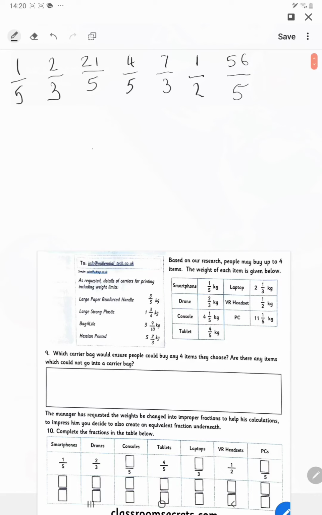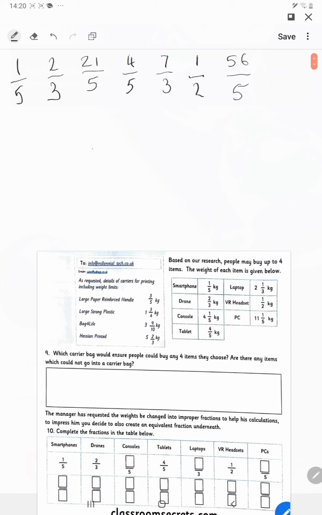Now, in the answer to question 9, we saw how to work out the lowest common multiple for our denominators, and we found that in this, with our thirds and our fifths, it was 60.